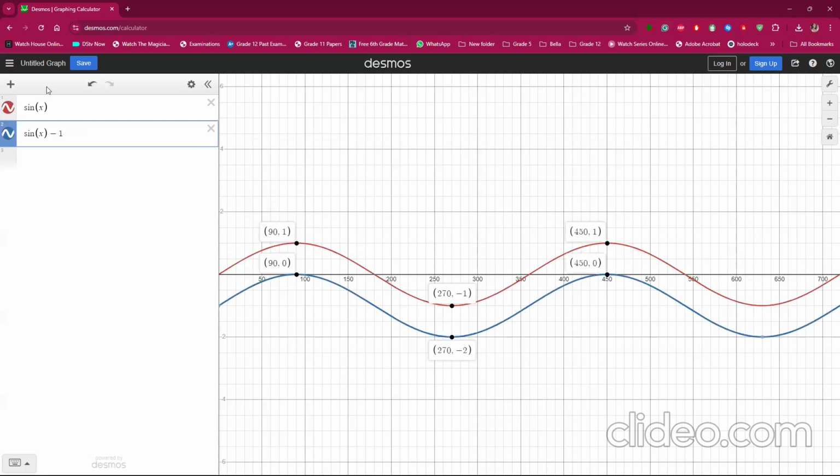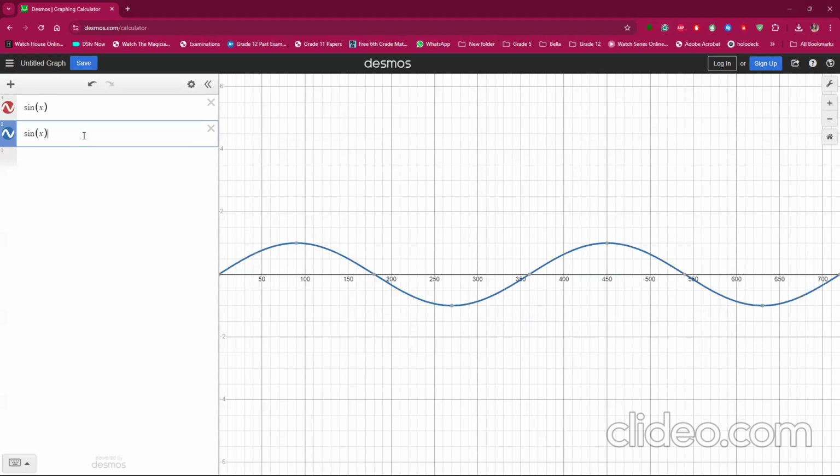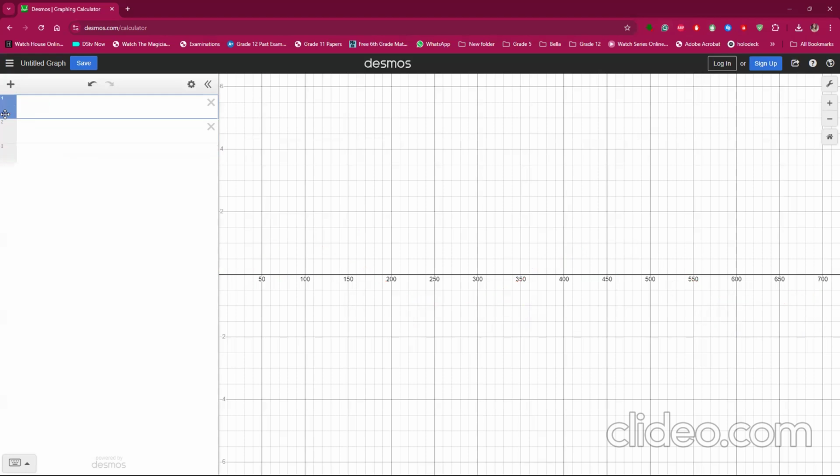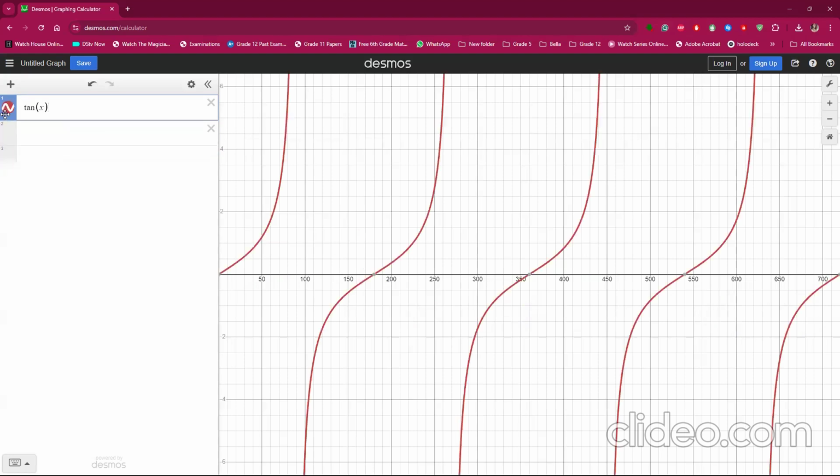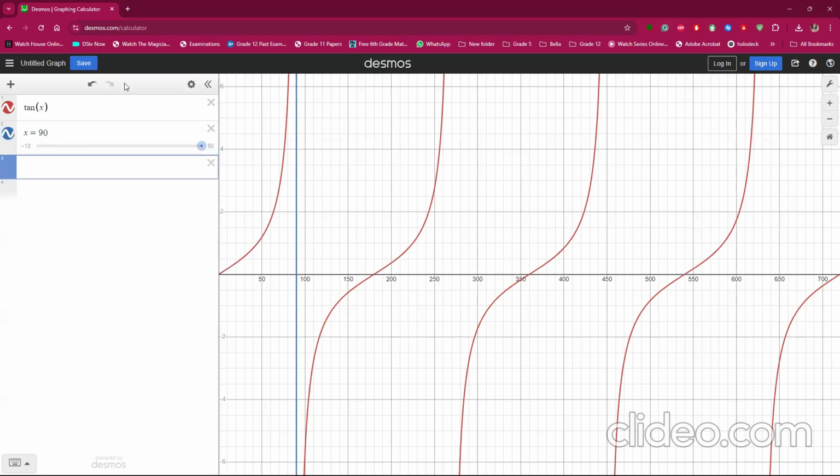Okay. Then let's now look at how the sine graph and the cos graph are basically the same thing. So whatever changes you saw to that, you also see with your cos graph. So now let's do the tan graph. Okay, so this is what your tan graph looks like. Note that it has asymptotes. It will have asymptotes at 90.